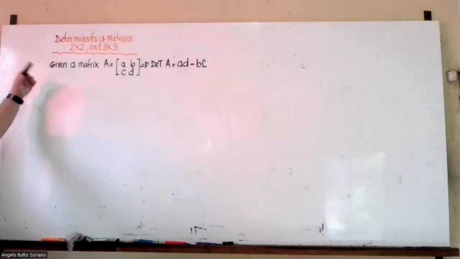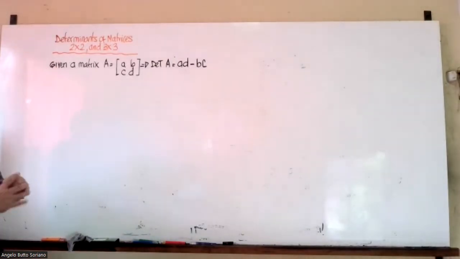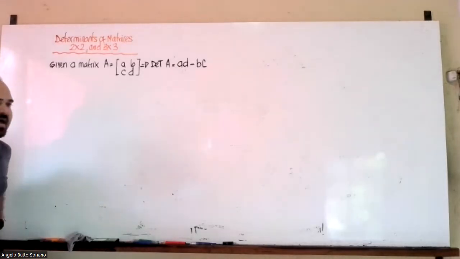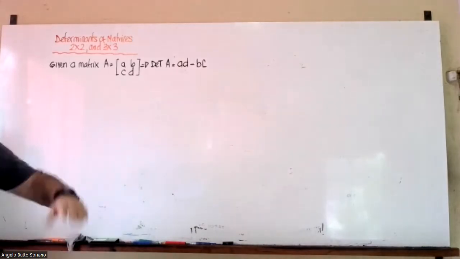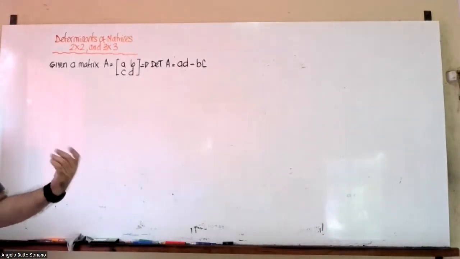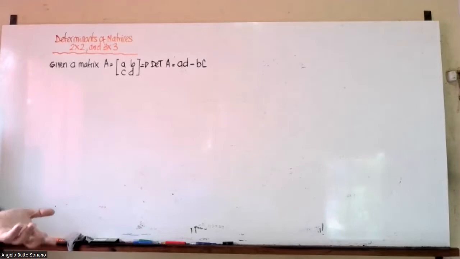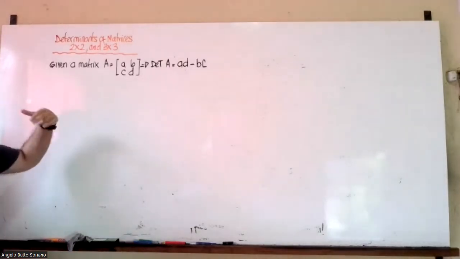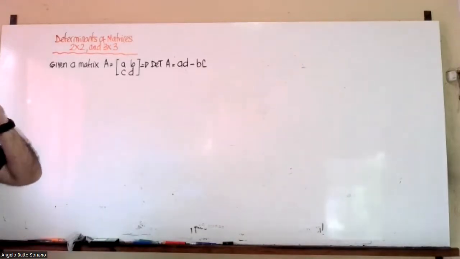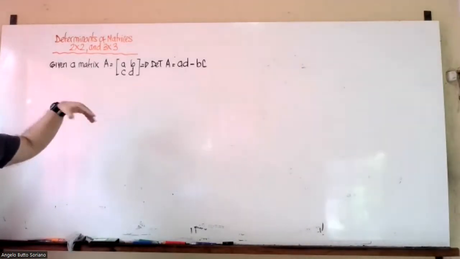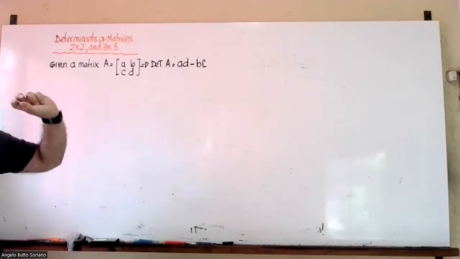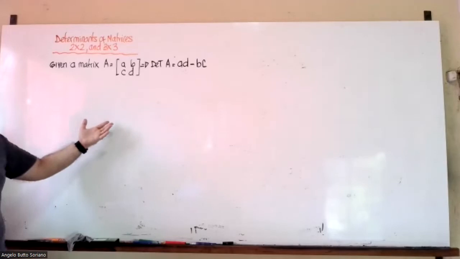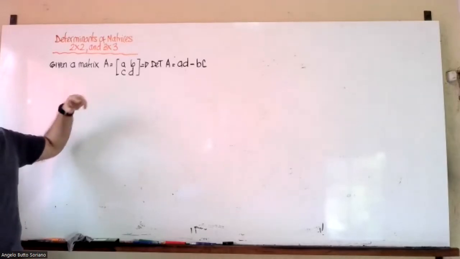So once again, what is the purpose of the matrices? If you remember the first lesson, when we learned to add and subtract matrices, and before multiplying matrices, we applied the product between a scalar and a matrix. I mean, a number multiplied by a matrix generates another matrix. Now, the determinant is useful to obtain the opposite. You're going to have a matrix, and by obtaining the determinant, you obtain a scalar.